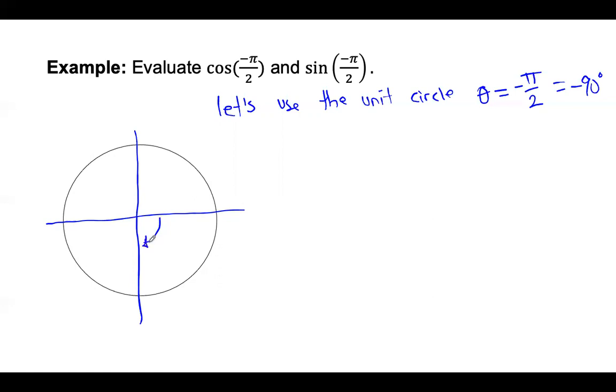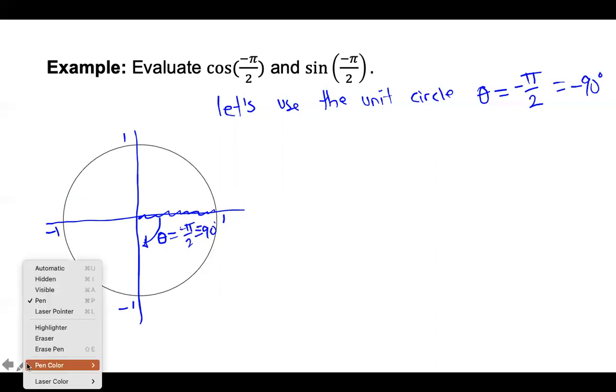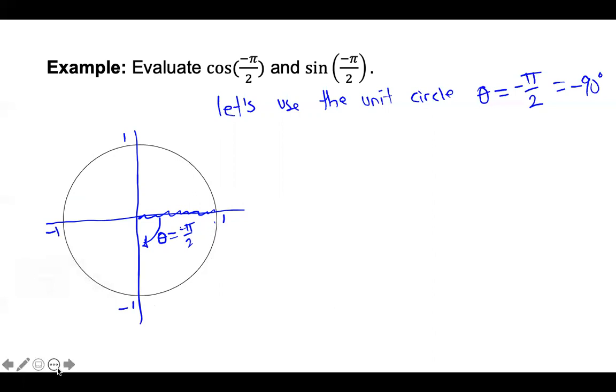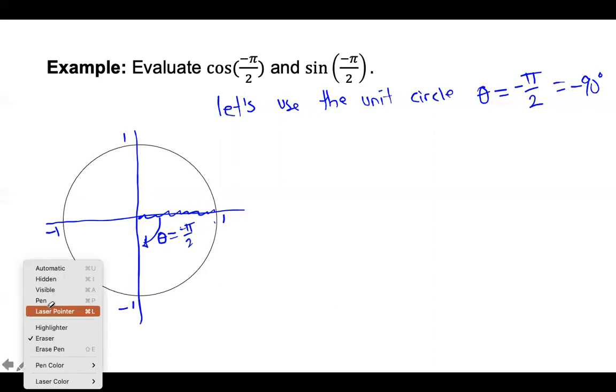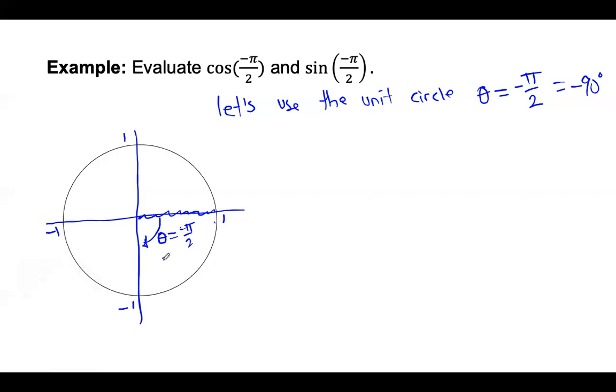We started off here, and we rotate downwards, basically 90 degrees, so we just go to the side. Then our point becomes down here.